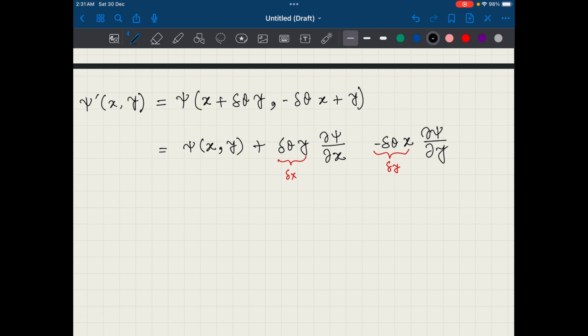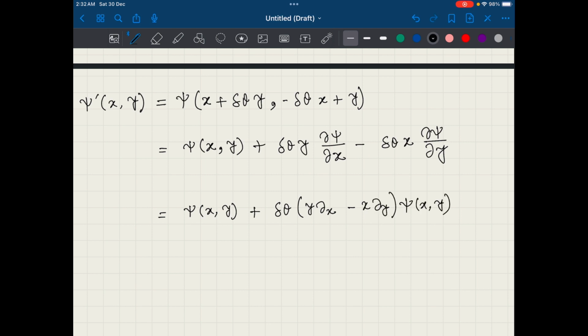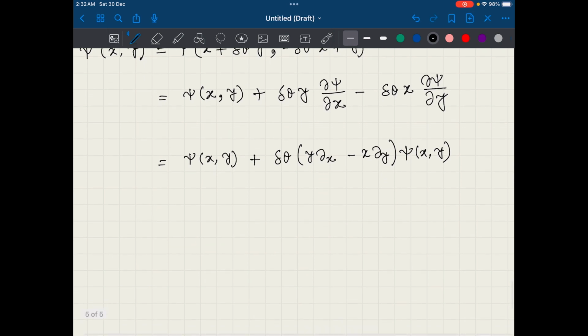Therefore, let me write it. Therefore this is psi of x comma y plus delta theta, y delta x minus x delta y, of psi x y. Now we know the angular momentum operator is r cross p.